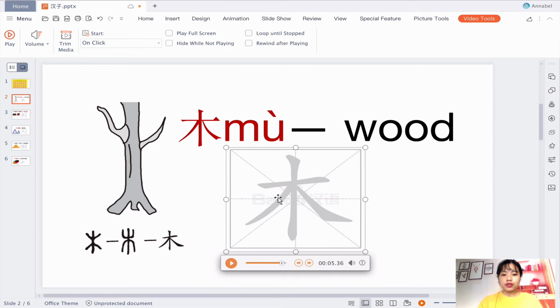Before you write, you should know the Chinese writing rules, right? So remember it. From left, go right. From top, go bottom. 木, wood. Now let's write together.